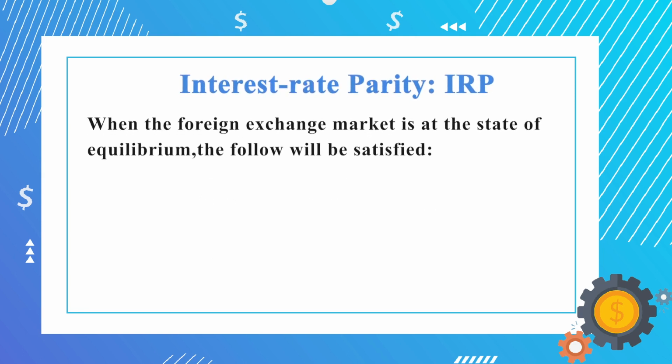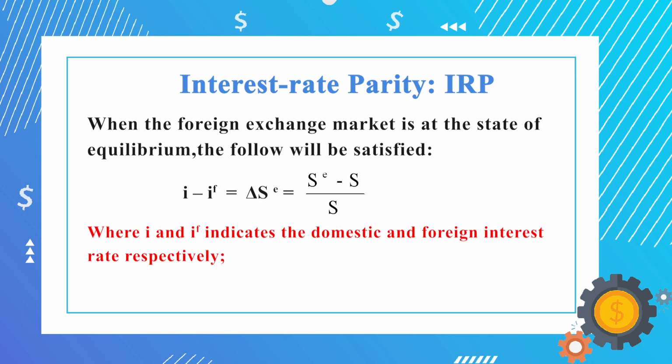When the foreign exchange market is at the state of equilibrium, the following will be satisfied: I minus I_F equals delta S^e equals (S^e minus S) over S, where I and I_F indicate the domestic and foreign interest rate respectively.